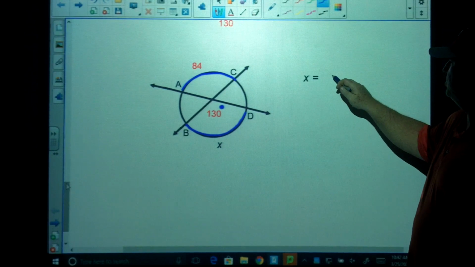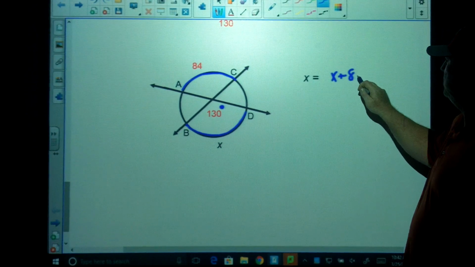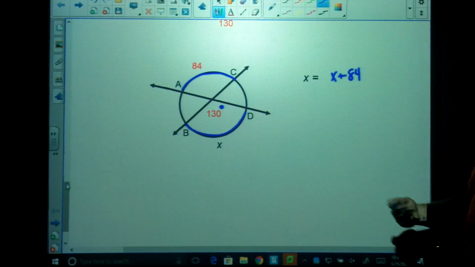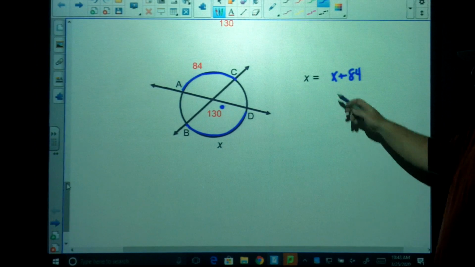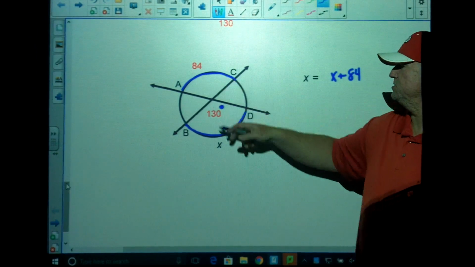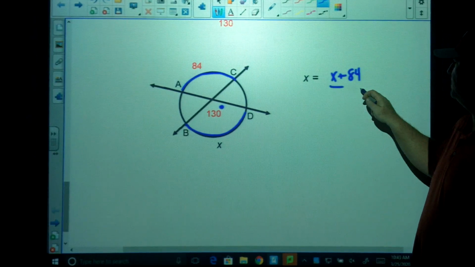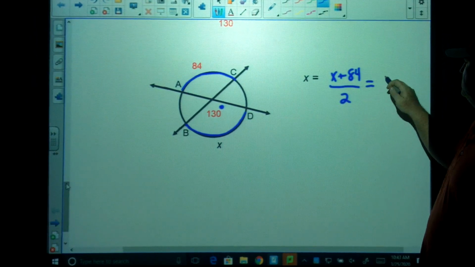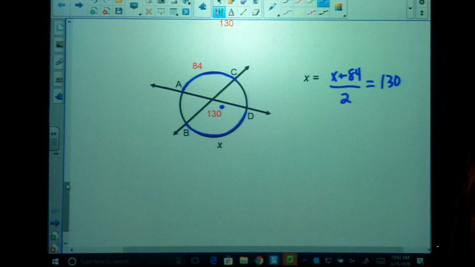So we're going to do x plus 84. You kind of have to work backwards. I'm going to set it up where we're taking our measured arcs, adding them together, and dividing by 2 to equal 130 degrees, because that's how you would find the measure of that angle that is inside.